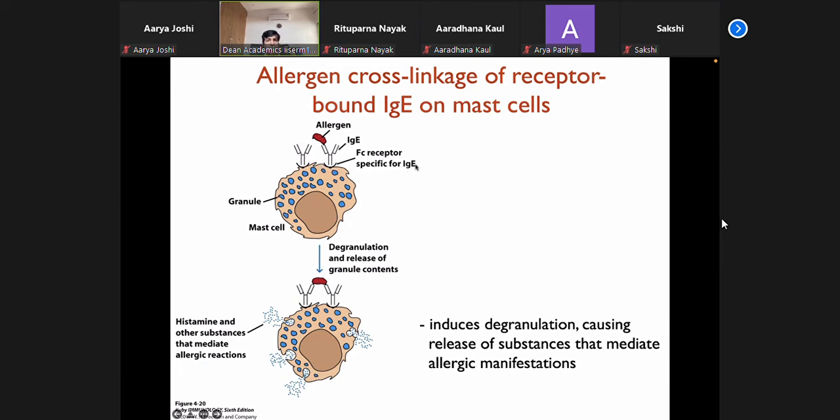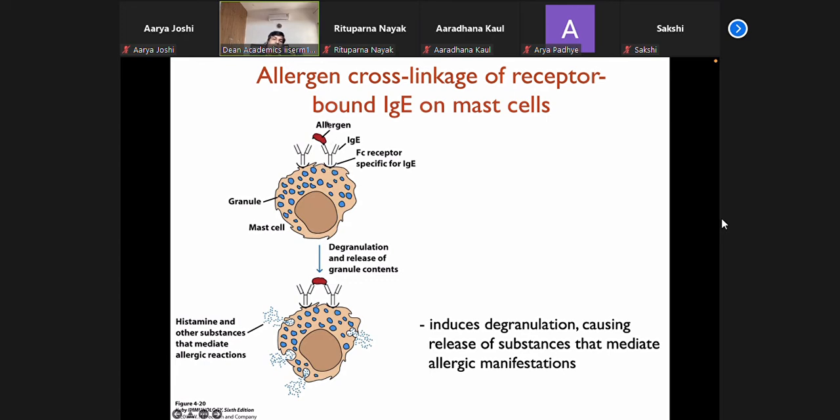Fc receptors specific for IgE are present on mast cells. Once these antibodies are there, it doesn't matter whether the allergen is present or not, they can come and bind to these receptors. Usually they remain empty because the antigen is not hanging around. They are bound on the surface of these cells.